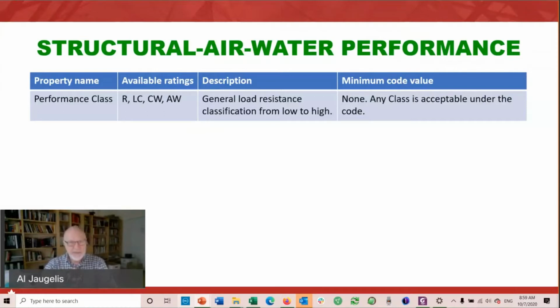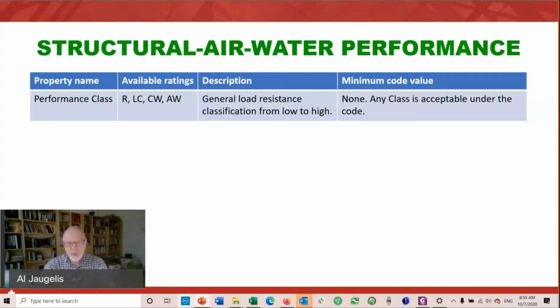When we say that it's a general load resistance classification, that's because there isn't any way to say, for this building, you need this class. This is a property that is actually there for architects to use when they specify windows and doors. They may wish to choose products from a different class for their own reasons.